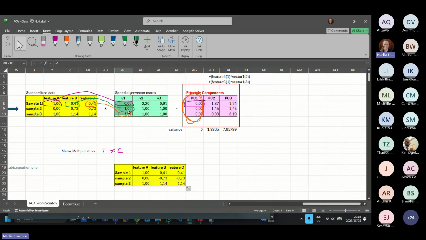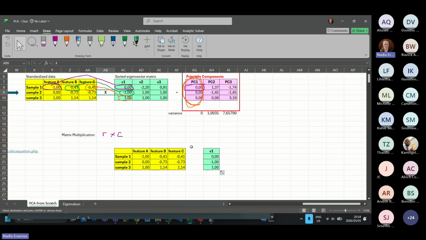There we go. And you're multiplying it with just one vector. Okay. So you're just multiplying it first with the one vector, just with the one vector. Okay. So you are multiplying basically just the whole standardized matrix with one vector to get your first principal component.